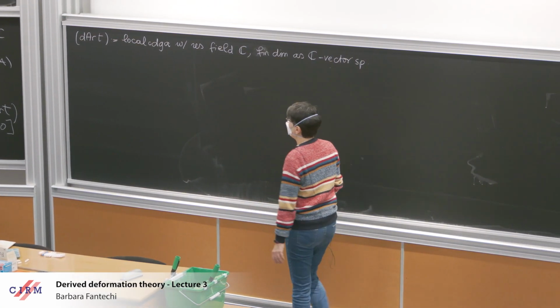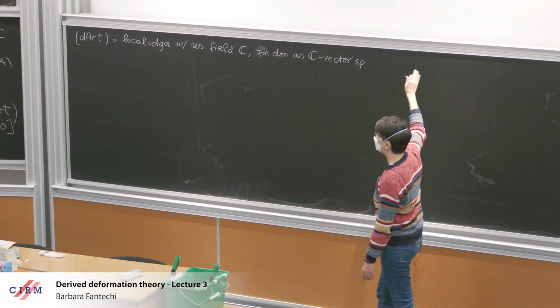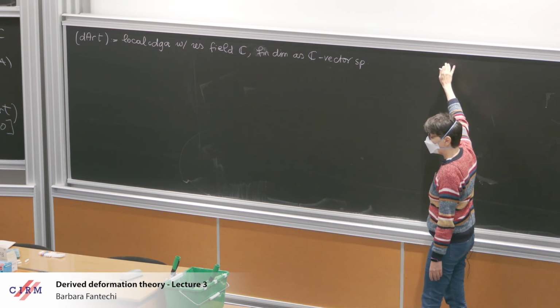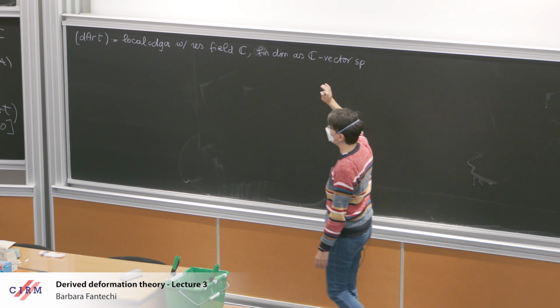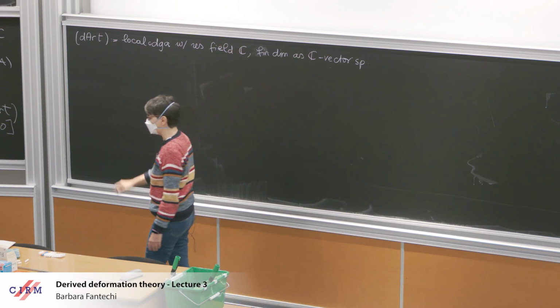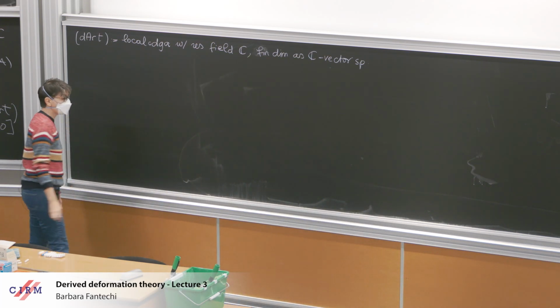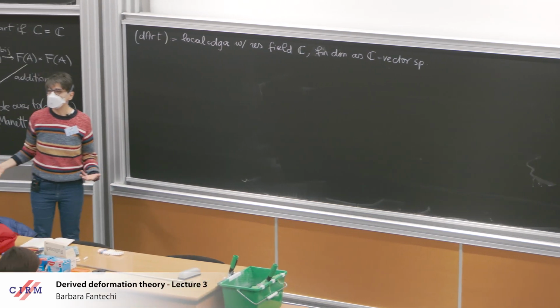You can ask yourself, do we want to put a limit on the degree? So do we want to insist that they are in non-negative, non-positive degree? And the answer is that this depends on which reference you take.